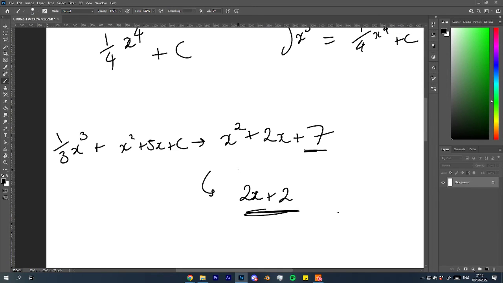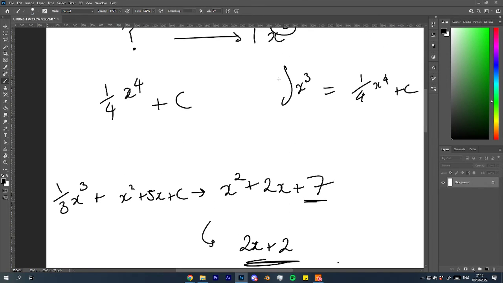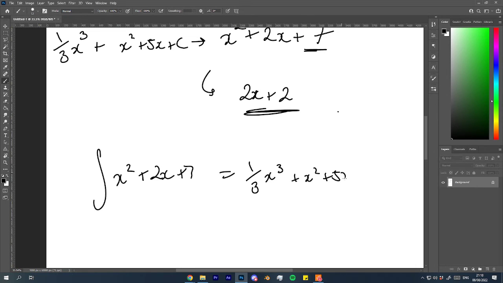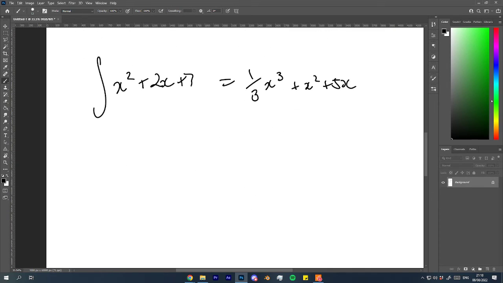Okay, so when we're integrating without a limit, and I'll get to that in a second, we have to put a plus c afterwards, because we don't know what that plus c is. However, if we do have a limit, let's see how this graph looks like actually.